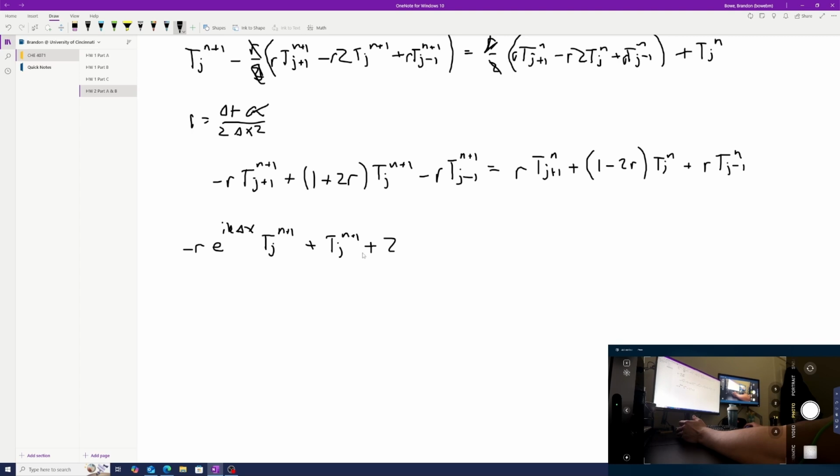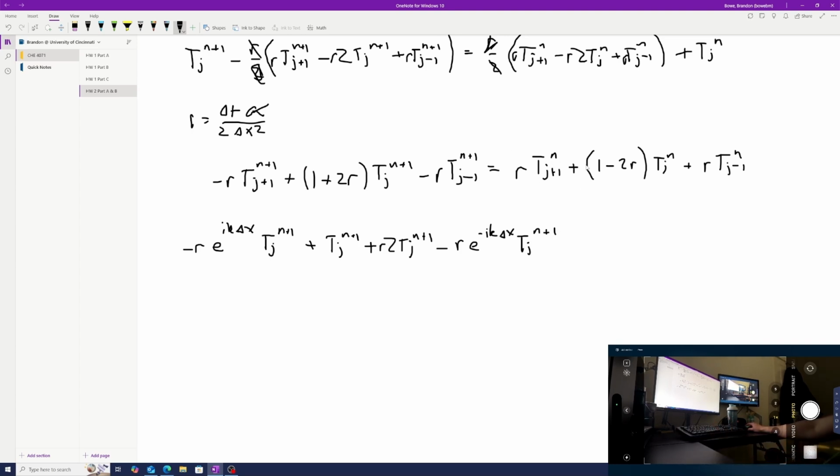We'll put the r in front to make it easier to pull out later. R times 2 times tj n plus 1, then minus r times e to the negative i k delta x times tj of n plus 1.